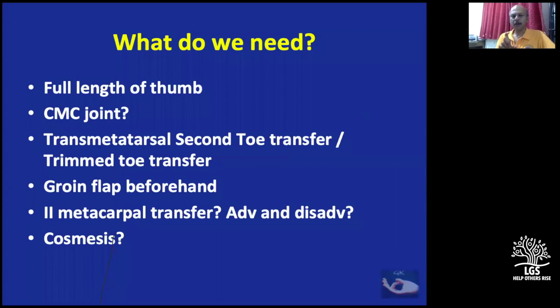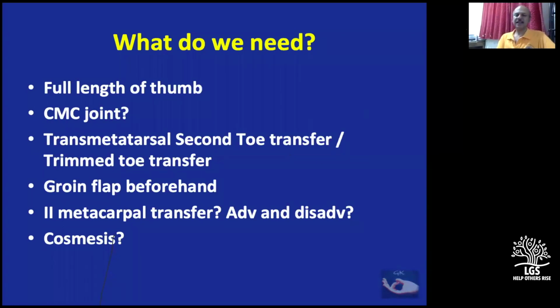Now, what about that second metacarpal bone that is there? It seems to be redundant. Can we utilize that? Is it possible? Utilizing that bone for vascularized transfer can be done to the thumb, on top of which a toe transfer can be done. But there are certain advantages and disadvantages of taking the second metacarpal bone.